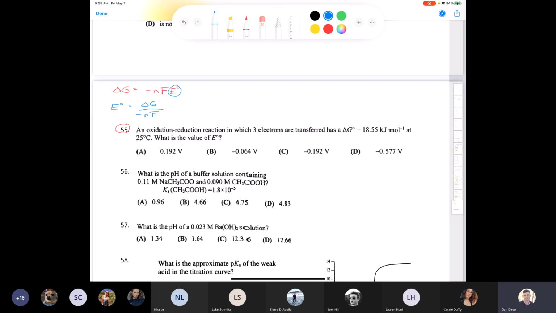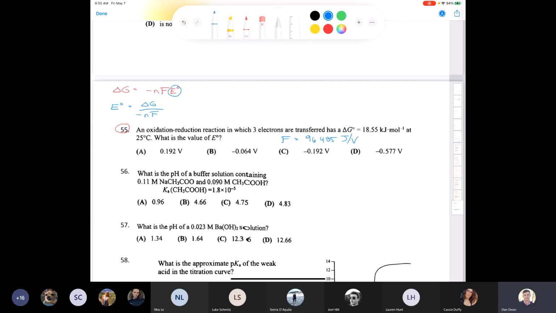Our Faraday constant F, I'll just write it over here, is 96,485 joules per volt. If you look at the handout that I'm going to give you, you'll see it in the list of constants. We have the two values of R, then the Faraday constant, which says 96,500 joules per volt, which is close enough to 96,485.